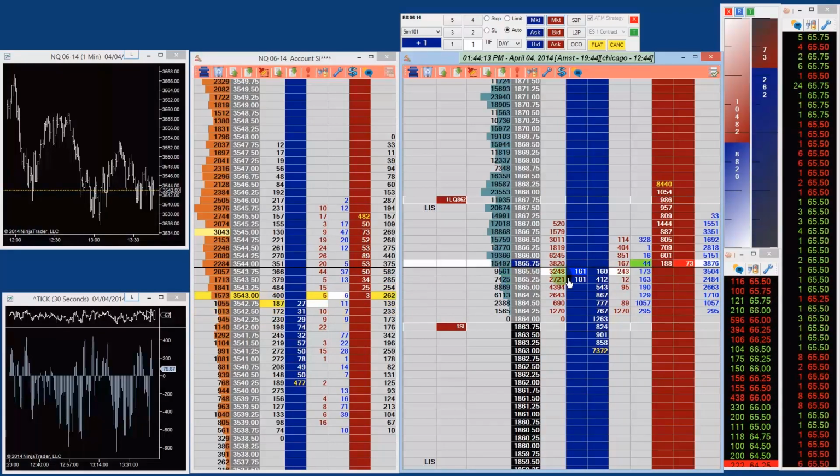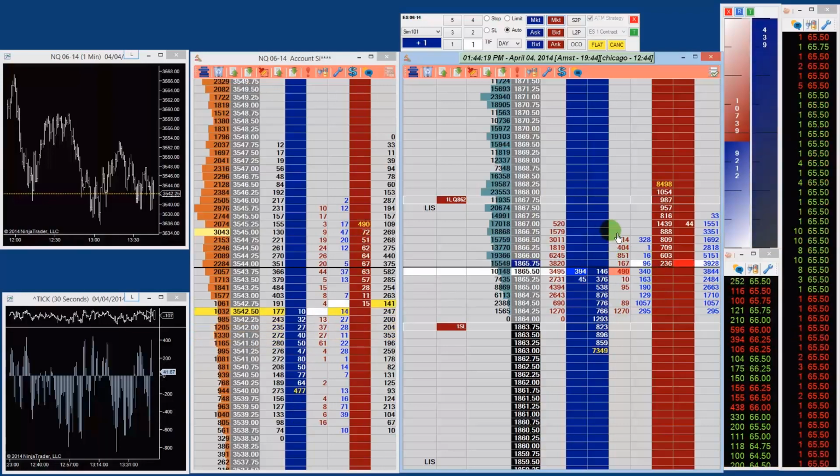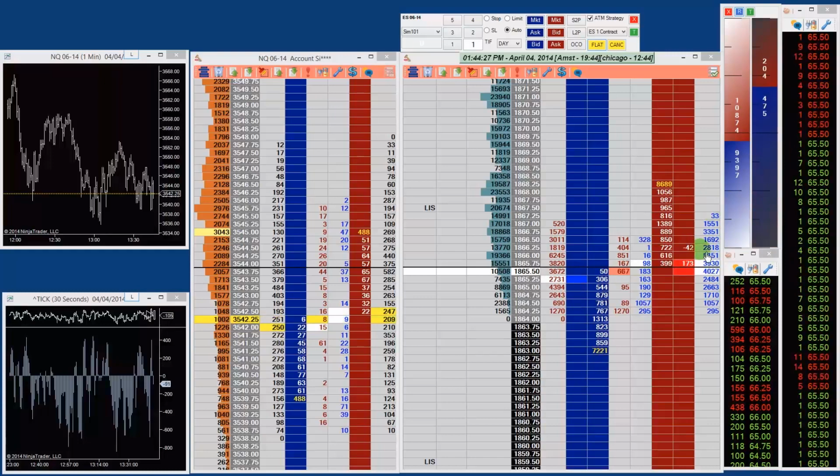So we can see this is the second attempt the buyers have had at getting this market up, and they have failed. I would say you should get out of that trade. The buyers have had two attempts at moving that up and they failed. At that point you've got to say, this really isn't a position I'd like to be in.